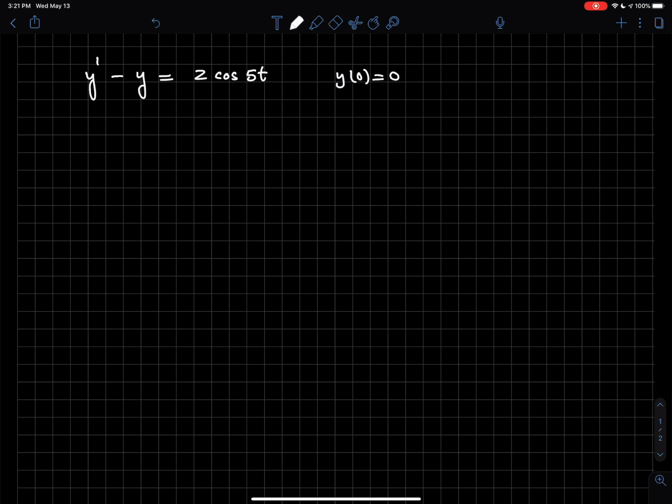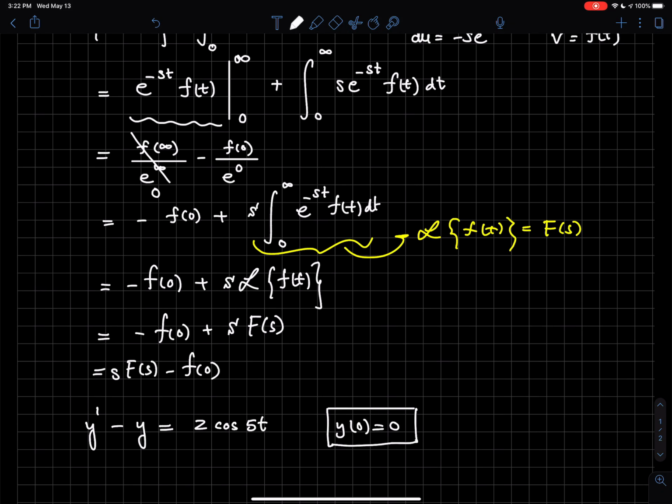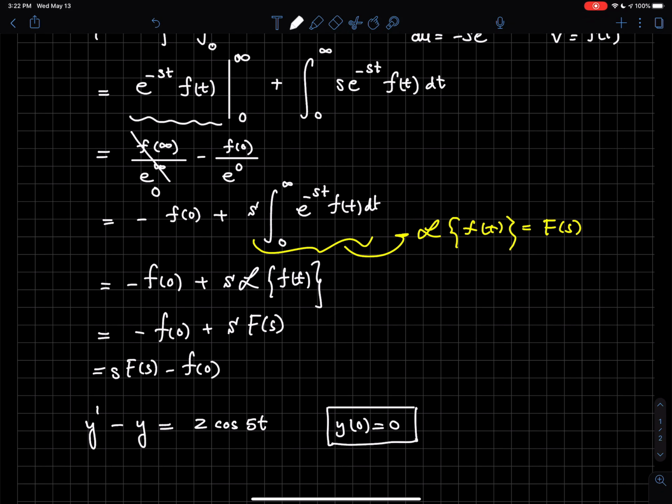Now you notice to do the Laplace transform, we need initial conditions. And why do we need initial conditions? Well, because if you remember, a few minutes ago, when we found the Laplace transform of a derivative, the answer is s F of s minus f of 0.